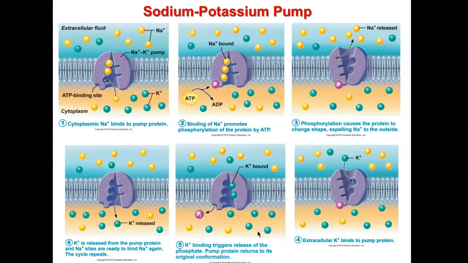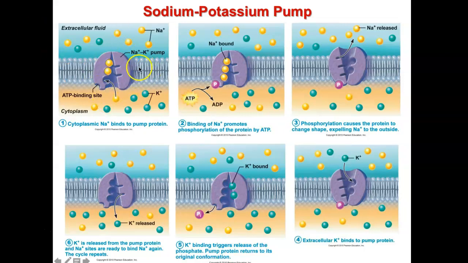I think it's important to watch an animation because this is kind of a difficult concept. So let's just start. I'm going to run through it. You can watch the animation if you want to, if you don't understand when I run through it. And then I'm going to run through this again whenever we get to neurons, because at that point, you do kind of need to understand what's happening here.